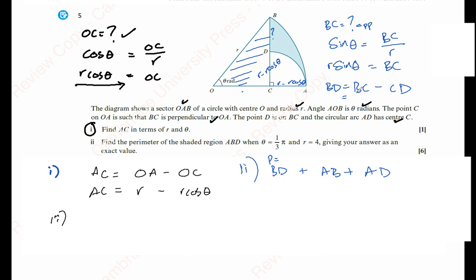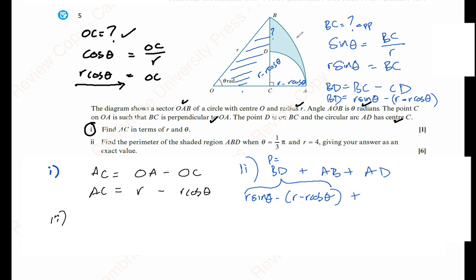And that's the same as BC, which we're saying is R sine theta, minus CD, which is R minus R cos theta. Okay. Keep it in a bracket because that negative is going to become a positive. And that's going to be BD. So that's going to be R sine theta minus R plus R cos theta. All of that is BD.